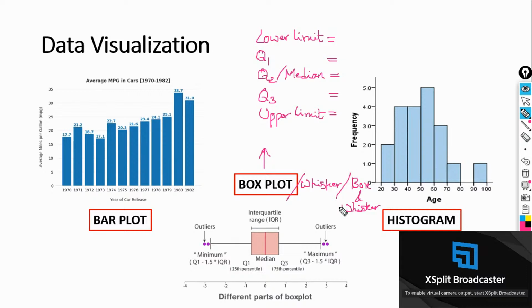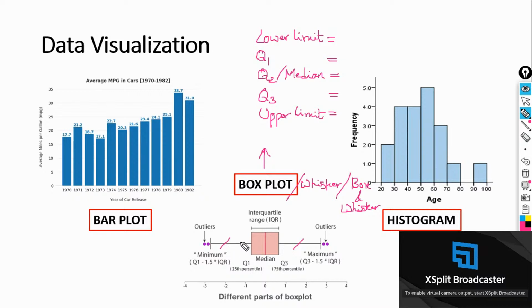You see a box in the plot, and because of this box, it is named box plot. These two tails that you are seeing are called whiskers, and because of these two whiskers, it is named whisker plot. Since it has both box and whisker, it is named box and whisker plot.